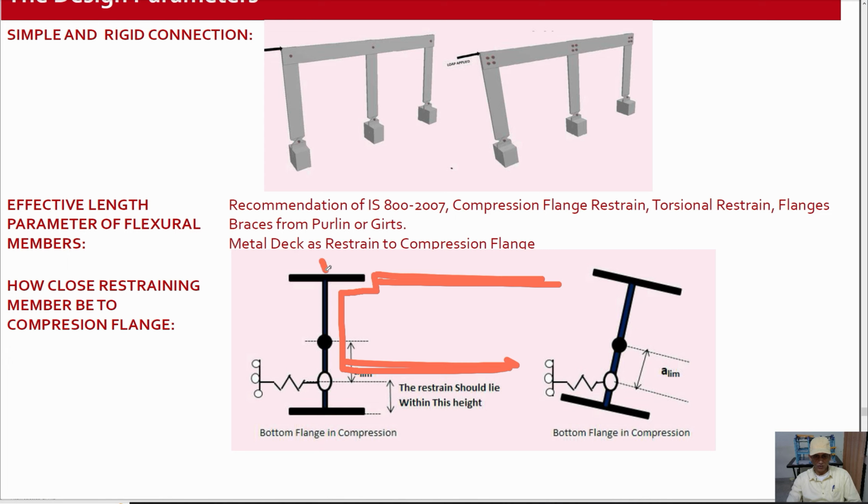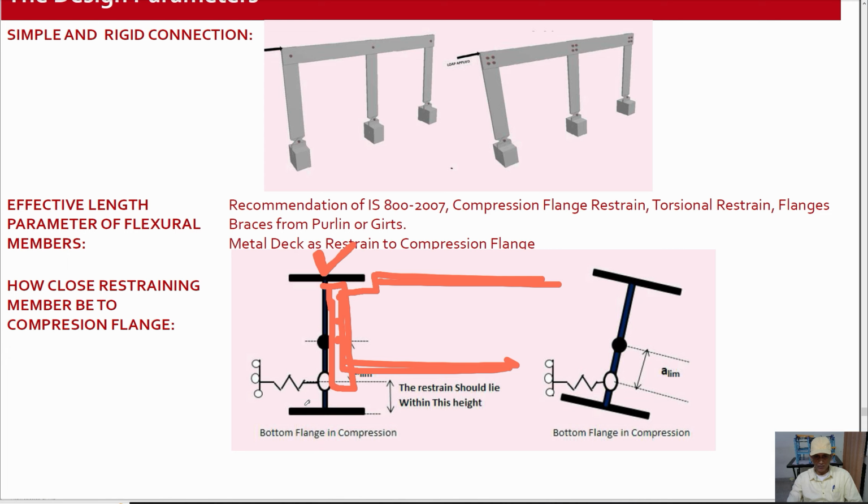See that if the compression flange is the top, obviously the connection plate is very near to the top, so it will provide both torsional resistance and lateral resistance to the top flange. See, for lateral resistance, the resistance must be near to the flange, but for the torsional resistance, the level can be anywhere. This is explained in the AISC code. So for further detail, you can refer to the AISC code or you can go through my book.